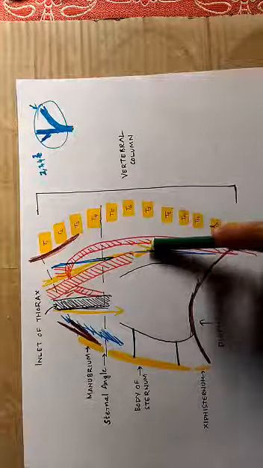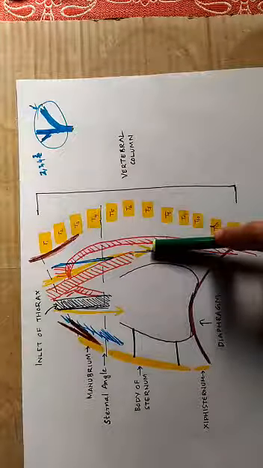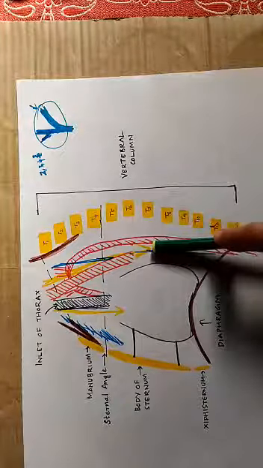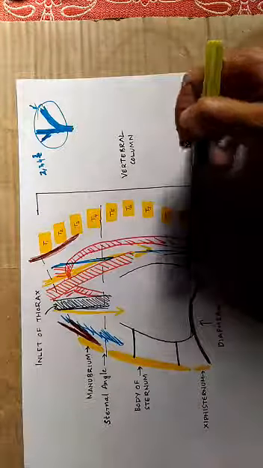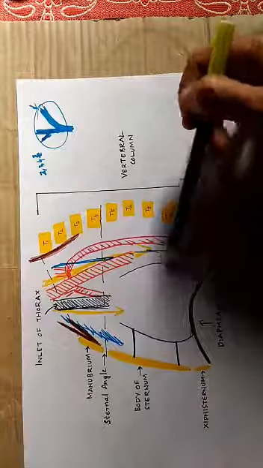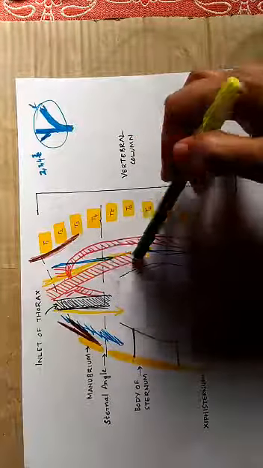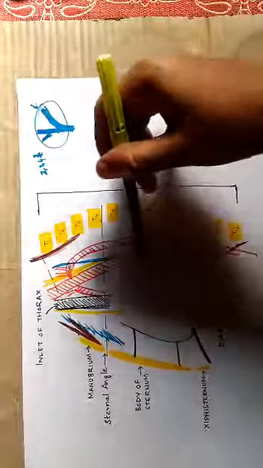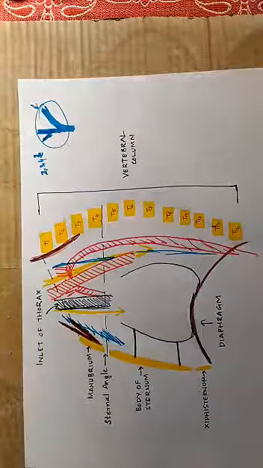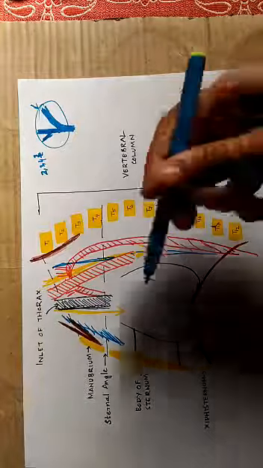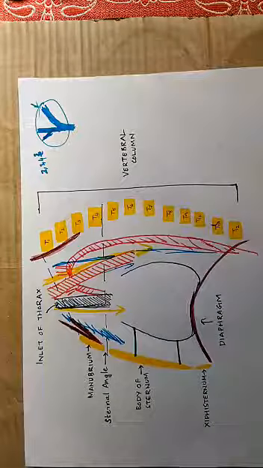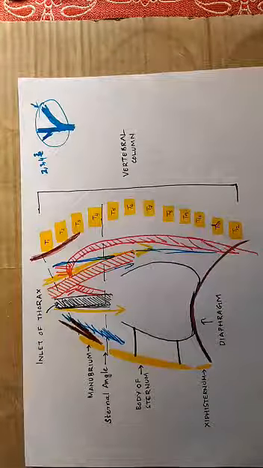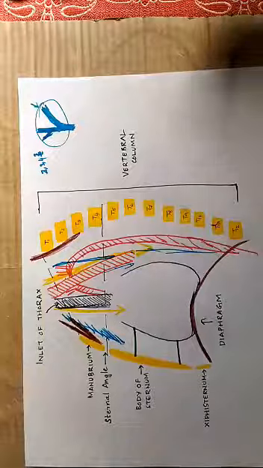Posteriorly, the boundary is the esophagus, descending thoracic aorta and the azygos vein. Here comes the azygos vein. And on each side, the mediastinal pleura.